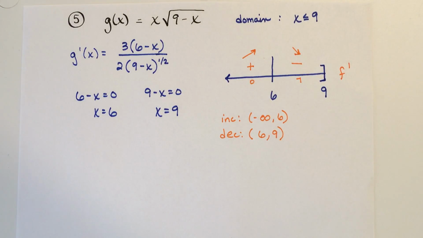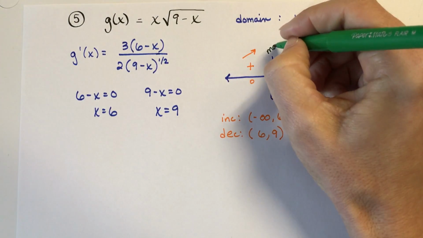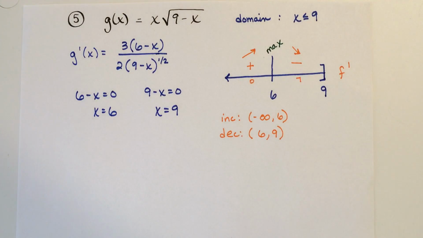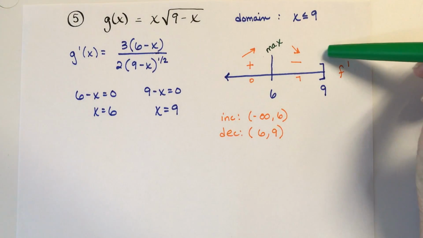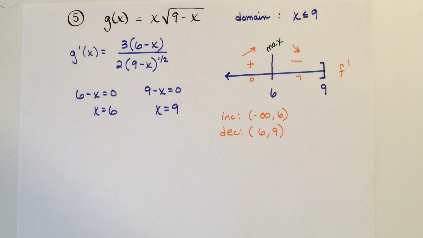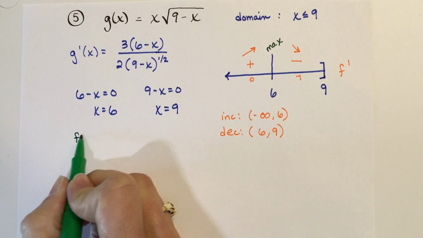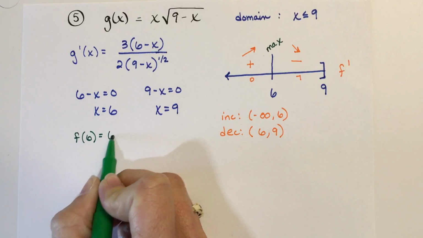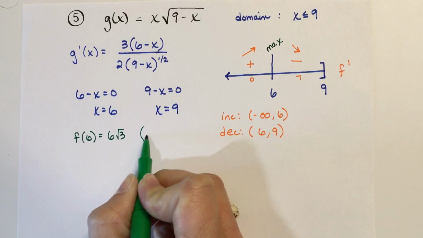Now, at 6, you would have a maximum value there because you are increasing and then decreasing. Now, since you don't have a section on this side of 9, then 9 is not going to be the location of a max or a min. So substituting 6 into the original function, you will end up with 6 square root 3.